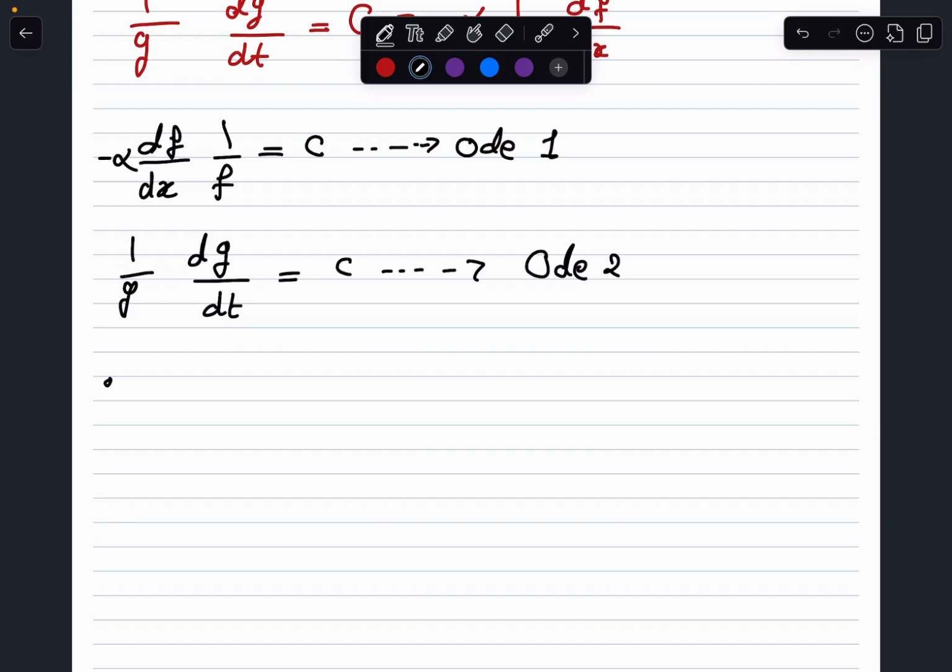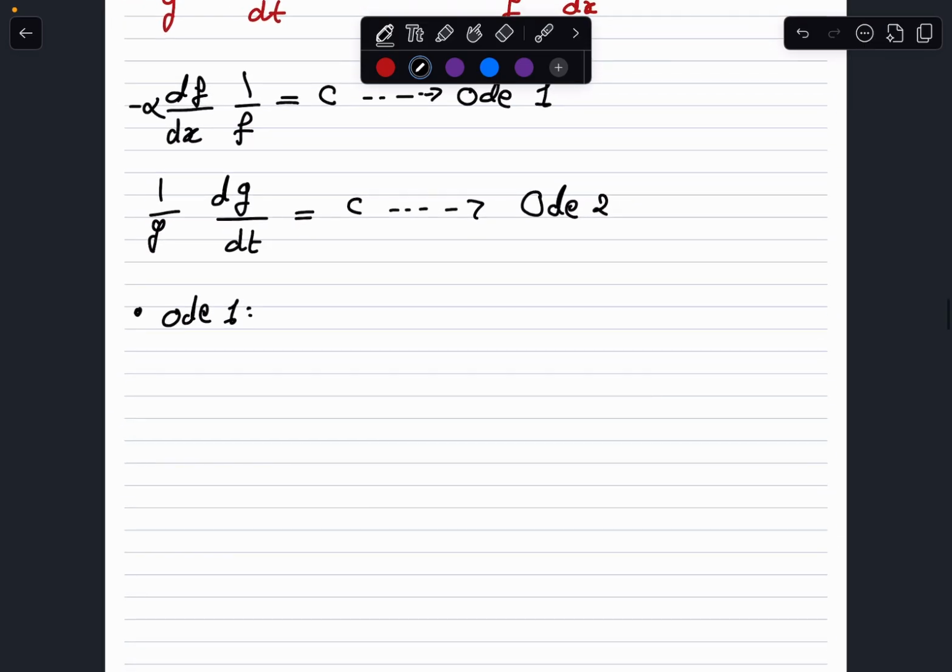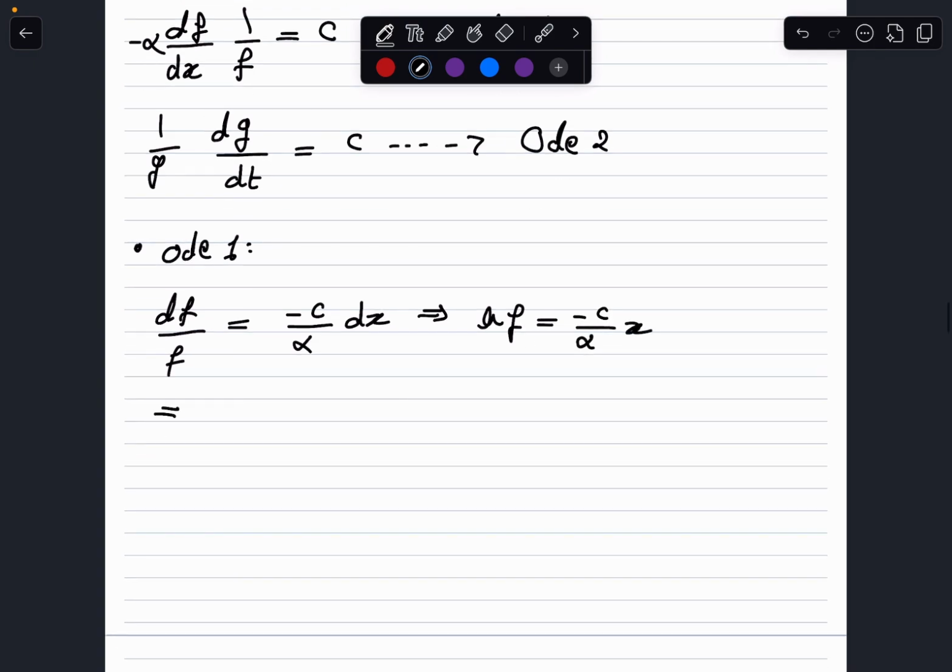So for the first one, ODE number 1, we will get df over f equals minus c over alpha dx, which means that if we take the integral of both sides, we'll get ln f equals minus c over alpha x, which means that f is equal to the exponential of minus c over alpha x.